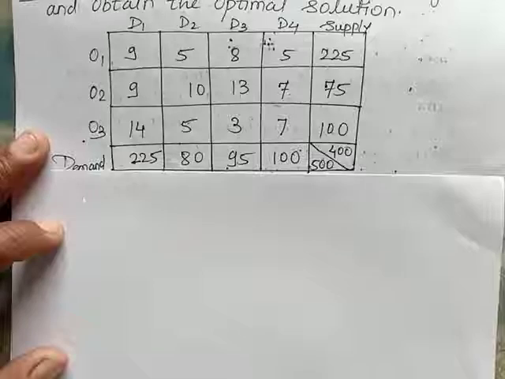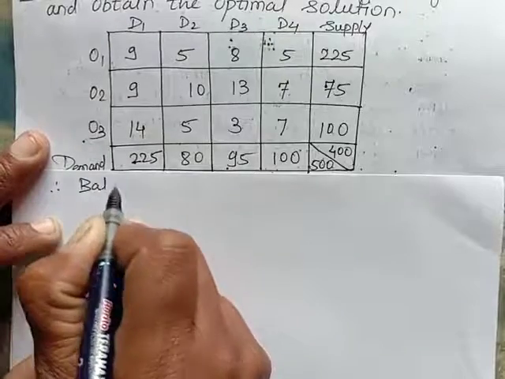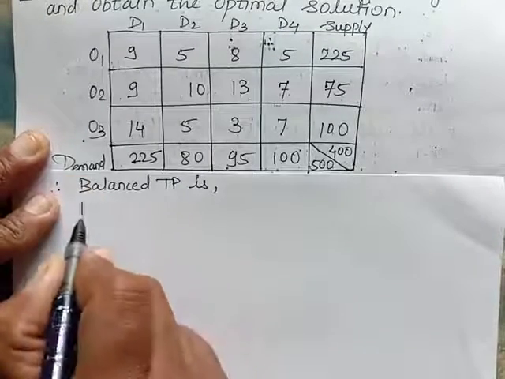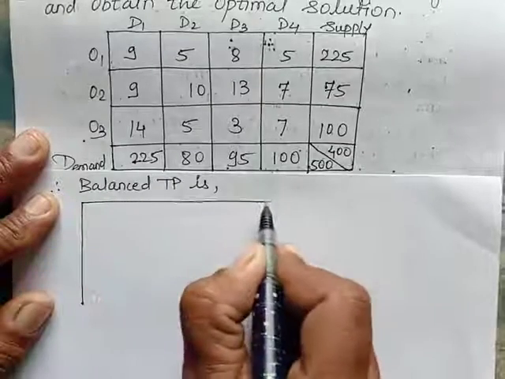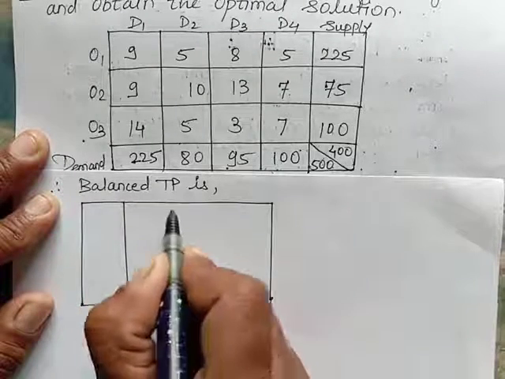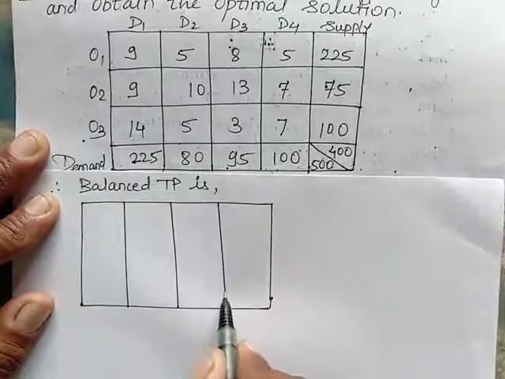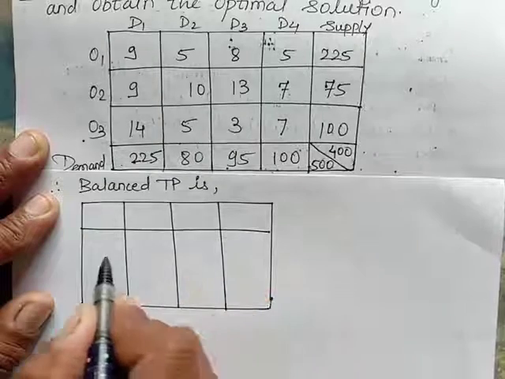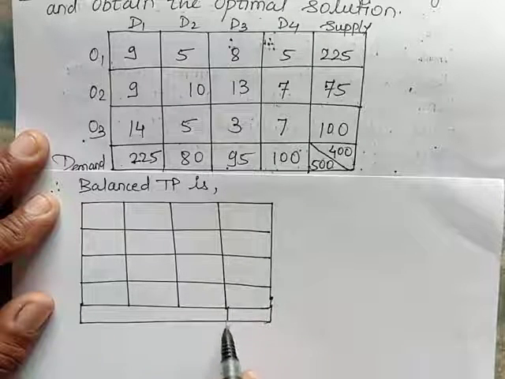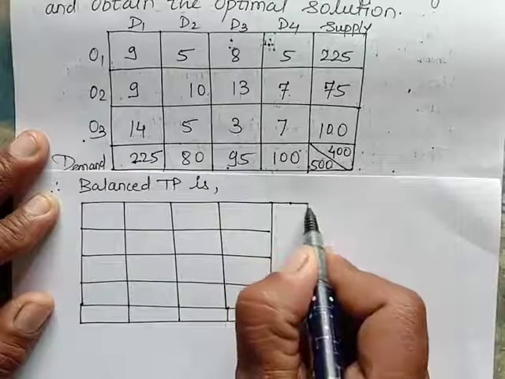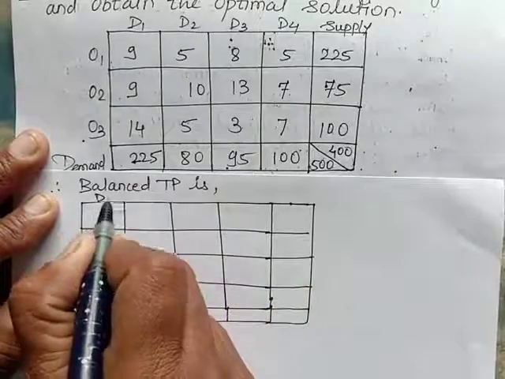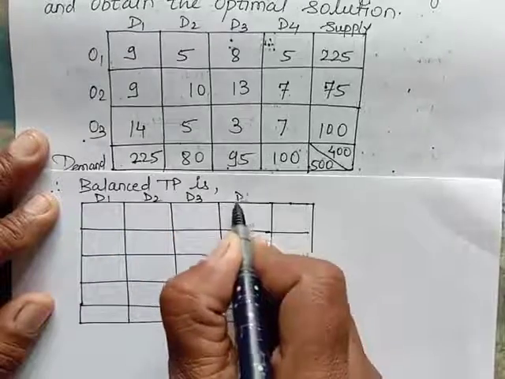Okay, therefore the balanced TP is, so here D1, D2, D3, D4 and supply.